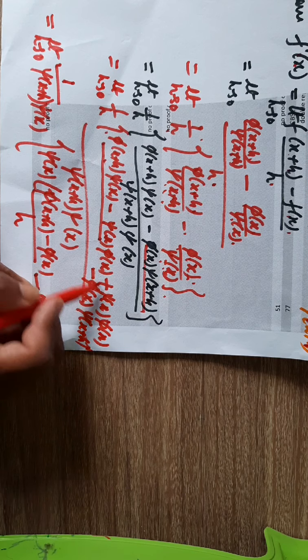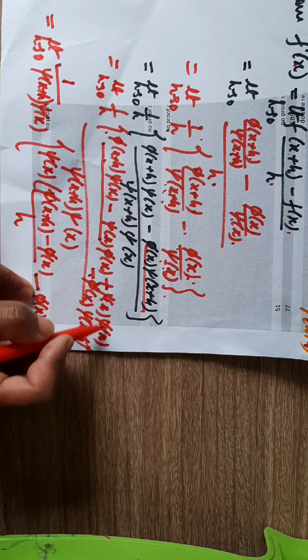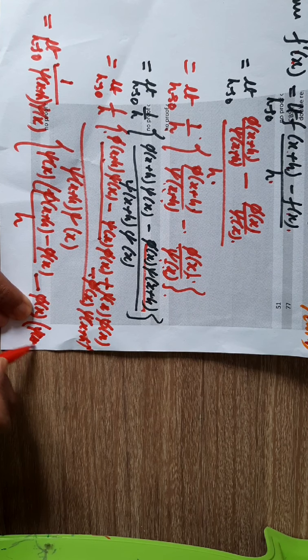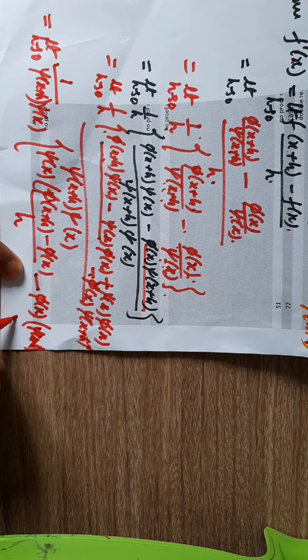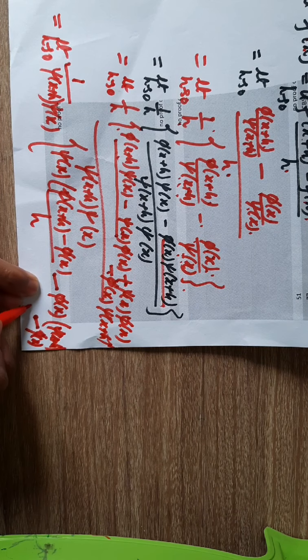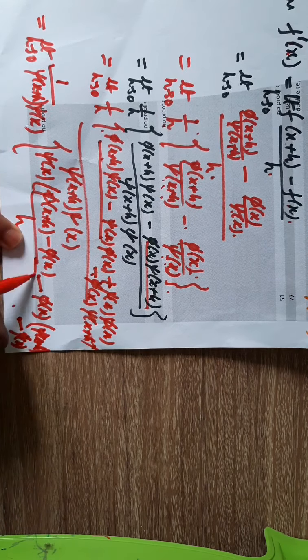Now here it is plus, here it is minus, so when I take out minus phi of x, this one will be psi of x plus h minus psi of x, this whole thing divided by h. I'll just show you in the next step.